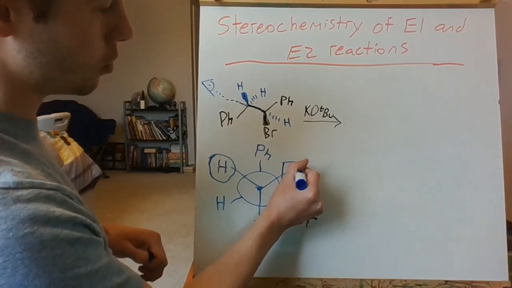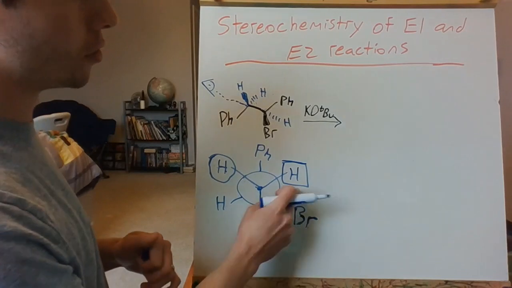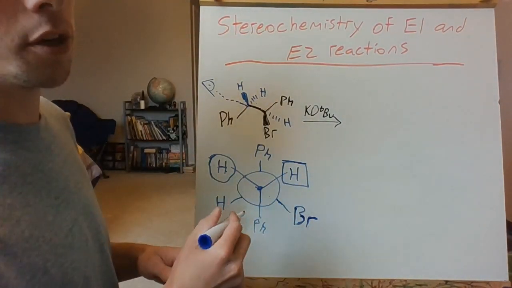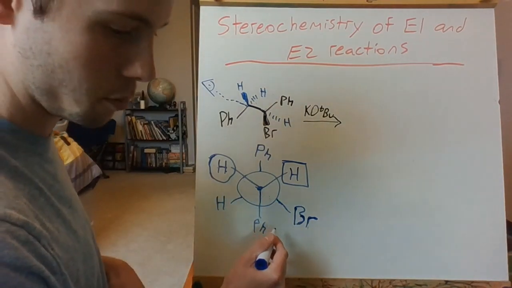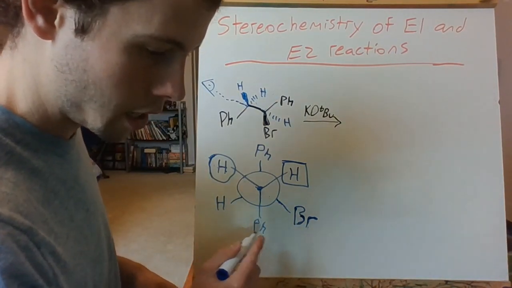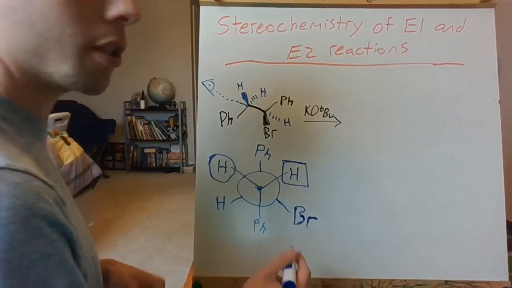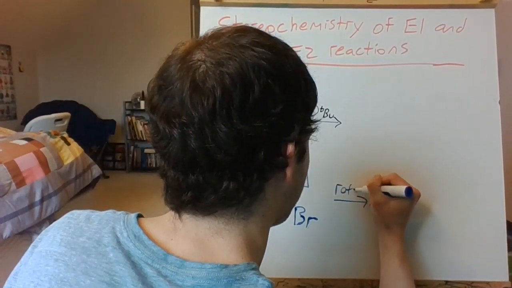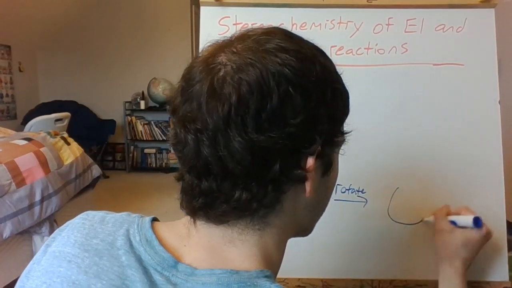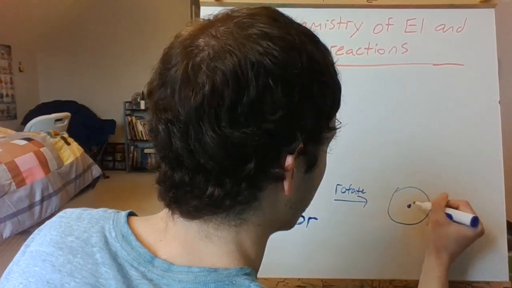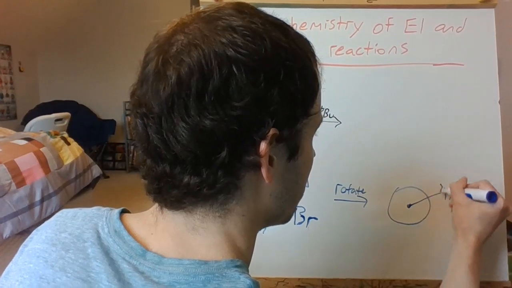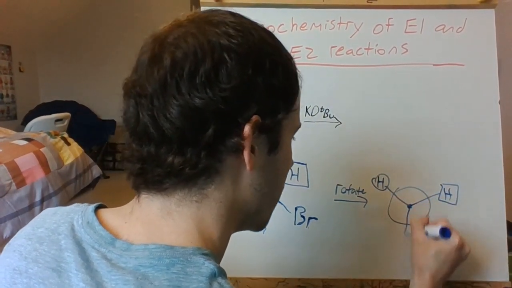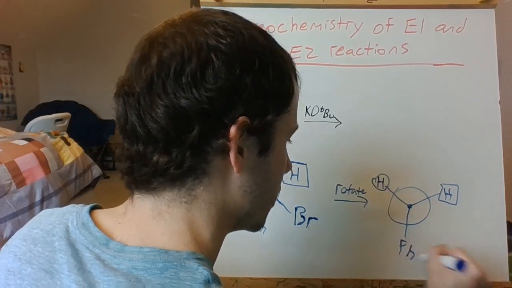Well, what about if we pull off this square proton shown here? That means we need to rotate it 120 degrees so that it can be anti to the bromine leaving group. And so I'm going to rotate the back carbon, leaving the front one alone. So I have an H over here that we squared, H over here that we circled, and a phenyl group coming down.